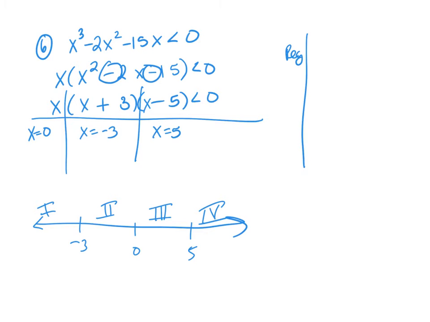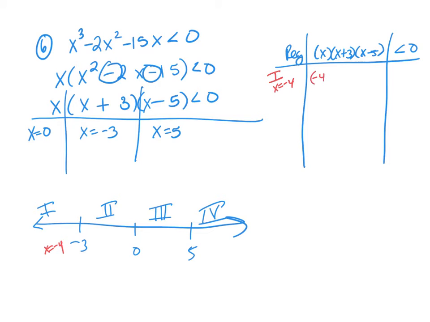Region, x plus 3, x minus 5, and we want the result to be less than 0. Okay, so in your first region, let's try x is equal to negative 4.